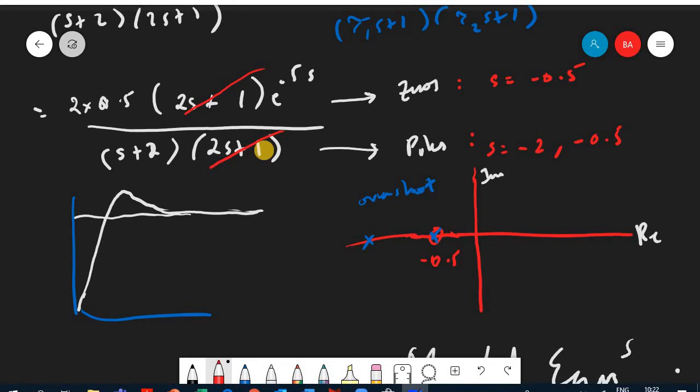If you do this, it's like you're canceling out this term here, and canceling out this term here will have a problem. Why? Because it's like you're having only one pole.